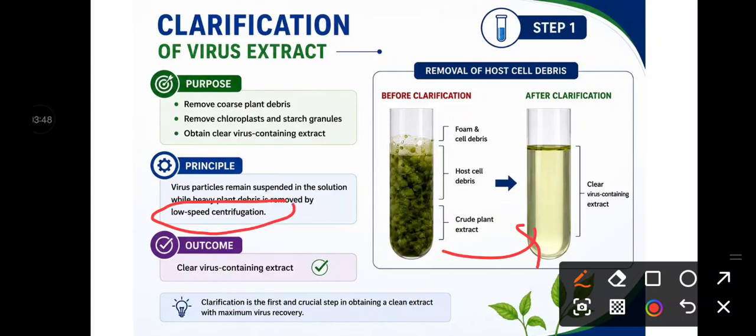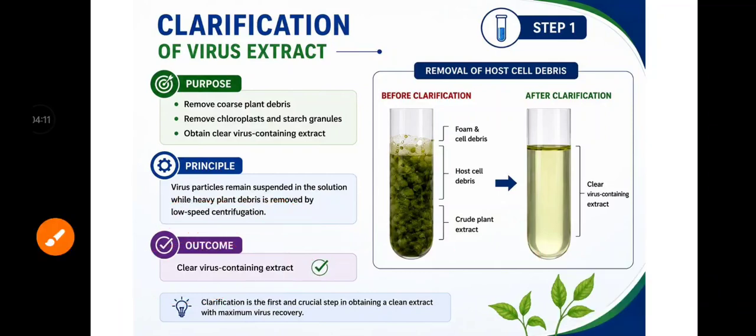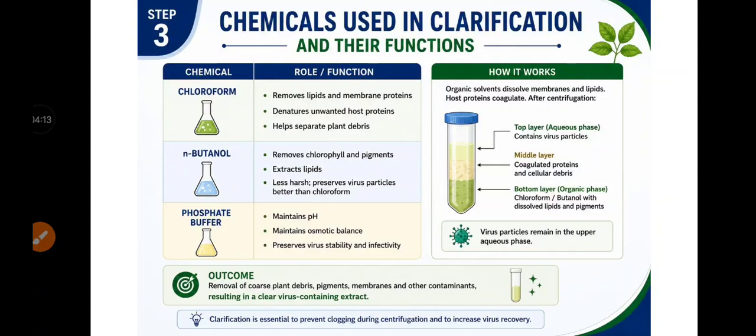We also use some chemicals for maintaining the stability, integrity and infectivity of the plant virus. The outcome will be the clear virus containing extract without coarse plant debris. This is the basics about the clarification step.